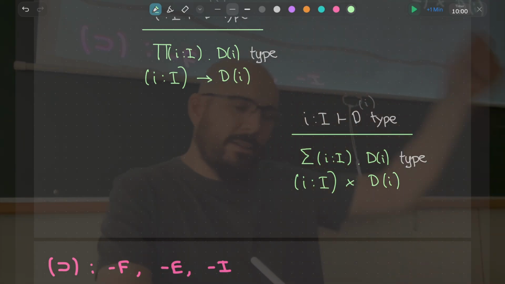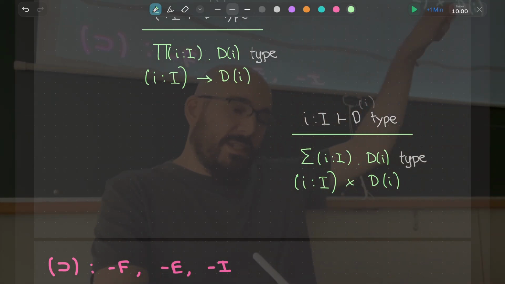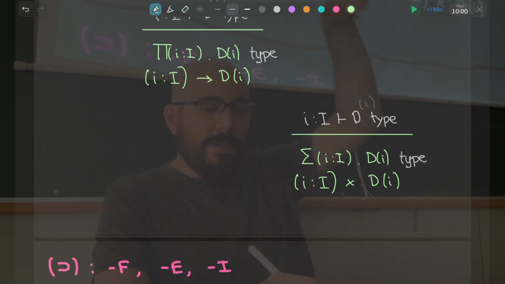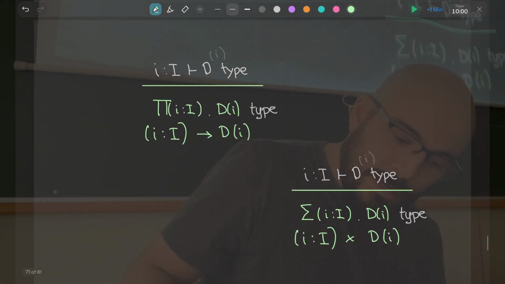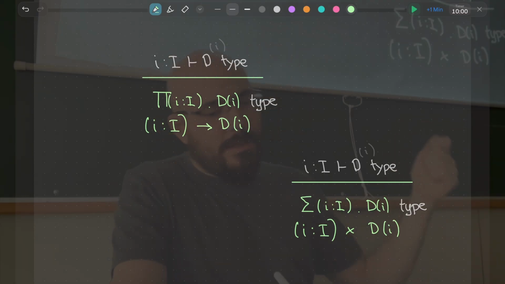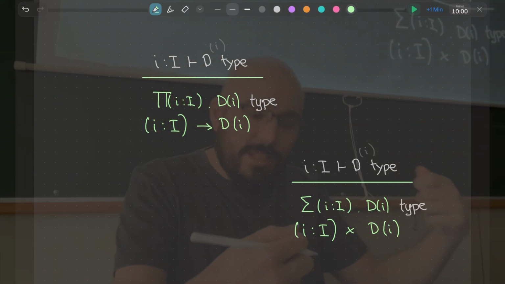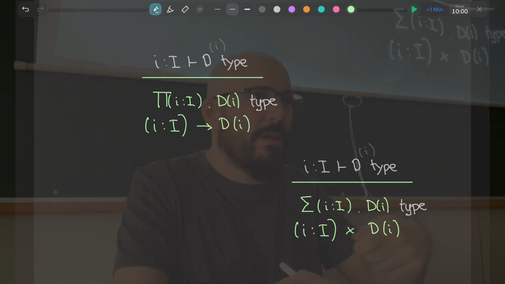It's a Cartesian product of some little i of type I, and the second component is of what type? It's of D of i, right? It can change. And similarly, how do I use them? The same way I use products, because I have the two projections.